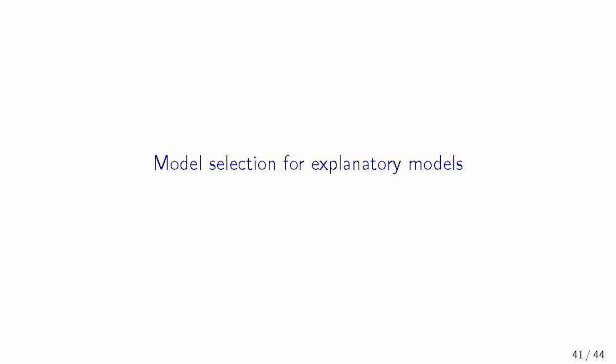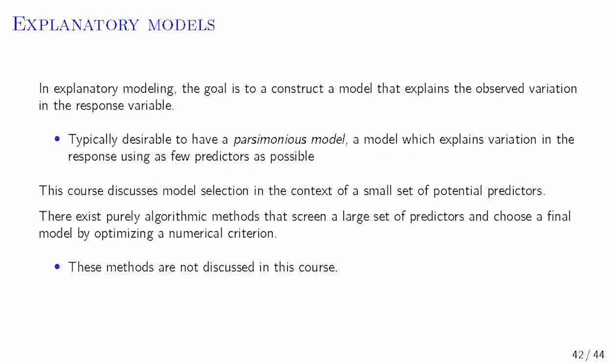So I've mentioned a few times that chasing R square is not how you choose your model. There's some debate to this, but in general, that's true. But of course, there are exceptions. In general, you want to have the most parsimonious model possible, which explains variation in the response using as few predictors as possible.